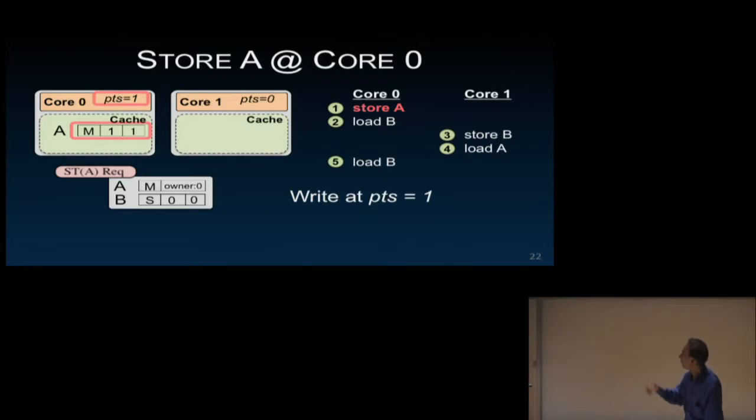So when we actually do the write, our write is going to create a new version of the data. So that's going to make the WTS 1. And because this is owned by us, you can just set the RTS to be something greater than or equal to WTS, and that's 1. Right? It's only relevant when it's shared data as to what the RTS needs to be.